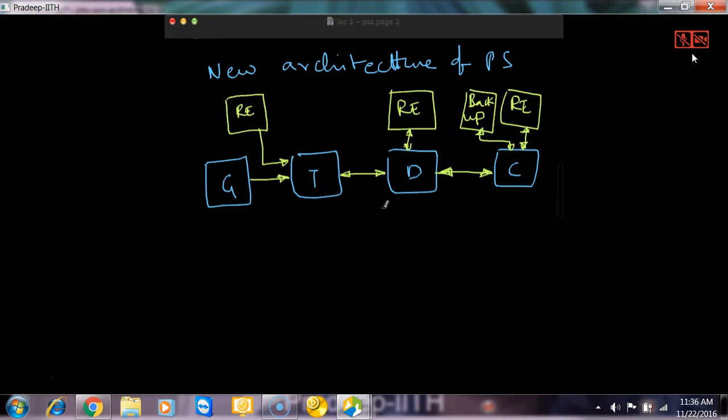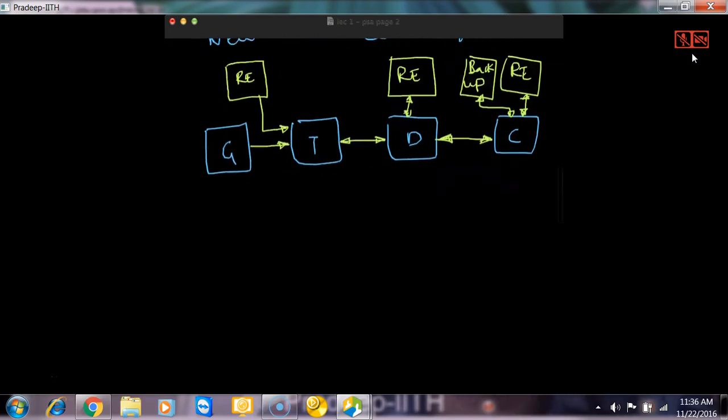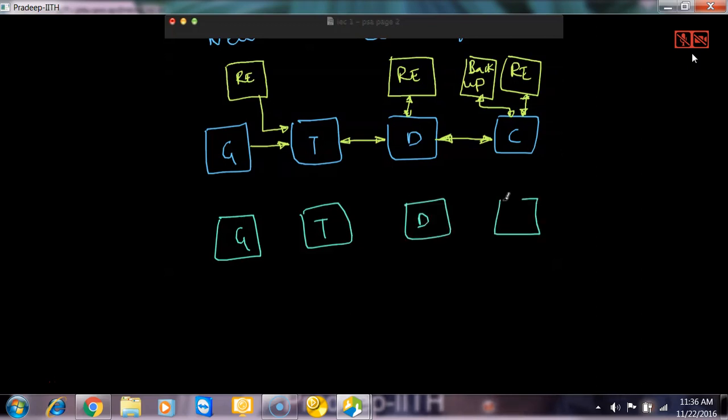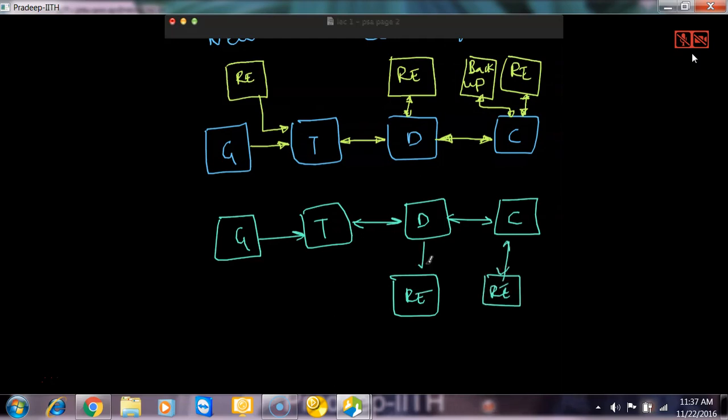Now the same thing may happen in a neighboring area. So let's say this is one area. In the neighboring area there is another generator, another transmission network, another distribution network, and another consumer base, and they have their own power system. So the same setup may be here also, renewable energy here, renewable energy here, and then they are exchanging power between the two networks.